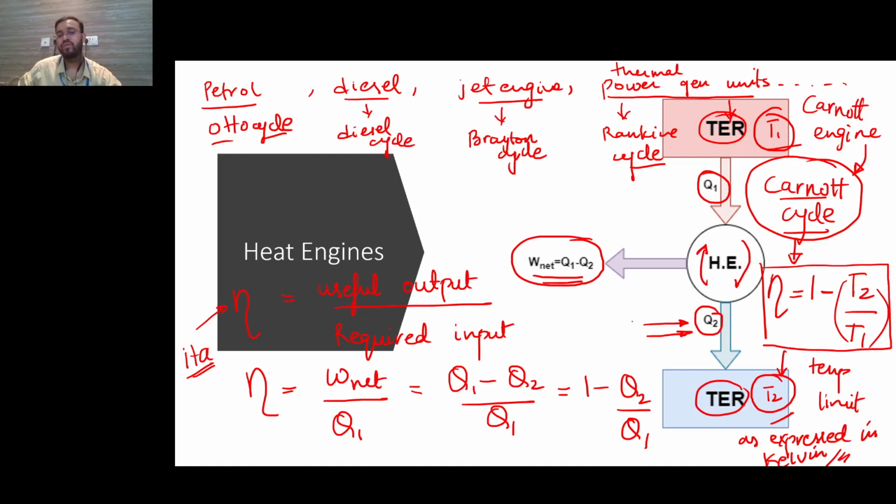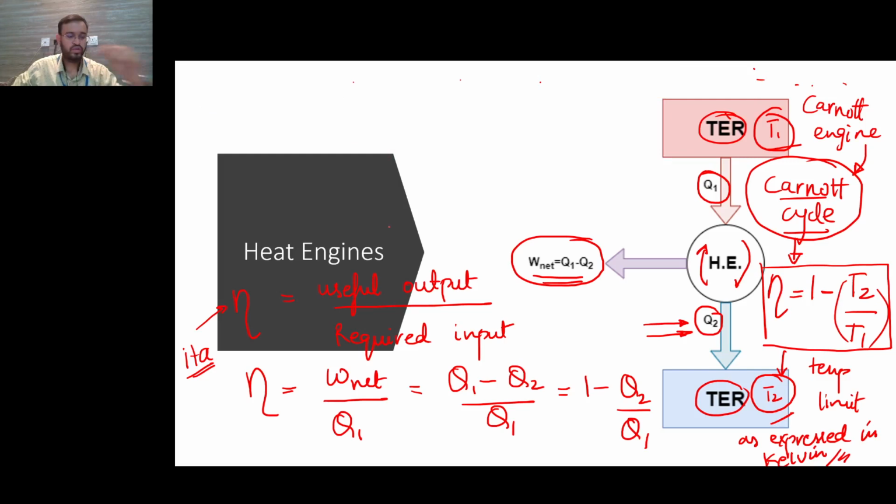For example, if we take two temperature limits, one of say the surface temperature of the sun, T1 is equal to say 4000 Kelvin, and T2 as the temperature of the ambient air, that is 300 Kelvin. We can find what the maximum efficiency would be for a heat engine operating in a Carnot cycle between these two temperature limits.